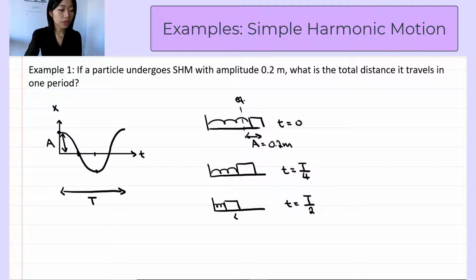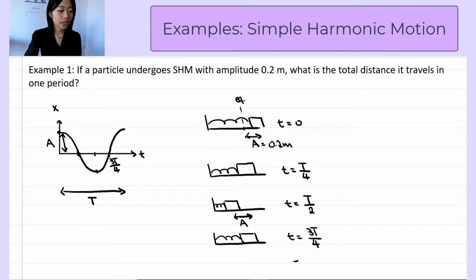So from this position to the equilibrium point, it's also the maximum displacement, A. How about at t equals to 3 period over 4? The mass is back to its equilibrium point again. That is at t equals to 3T over 4.